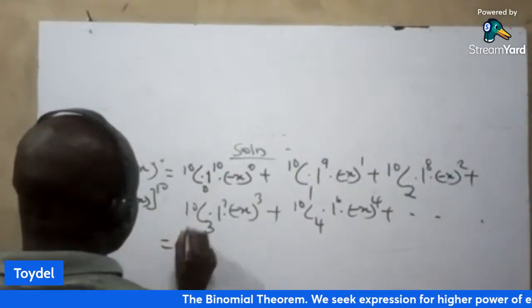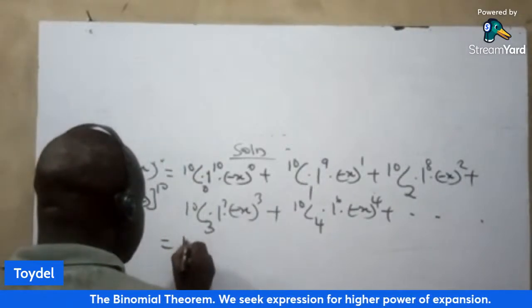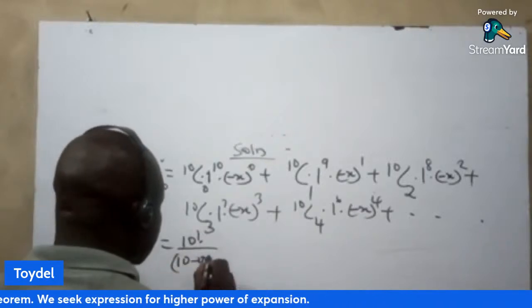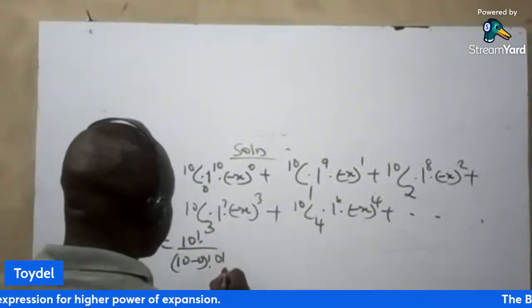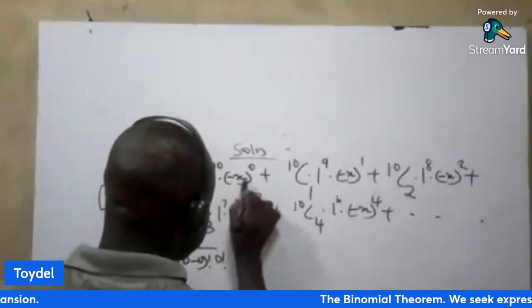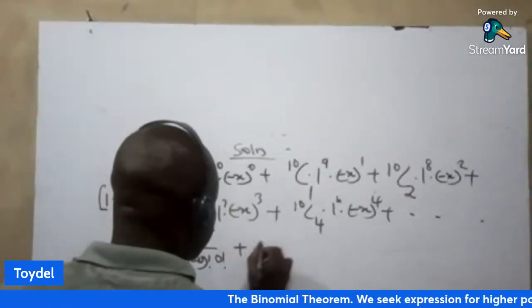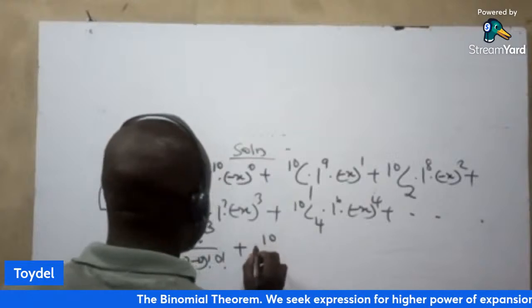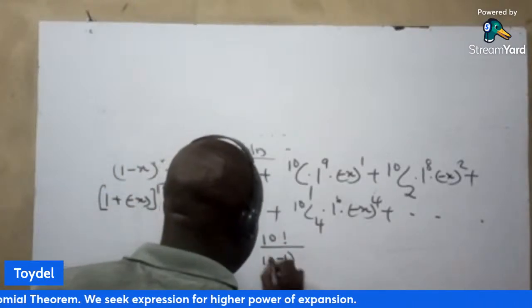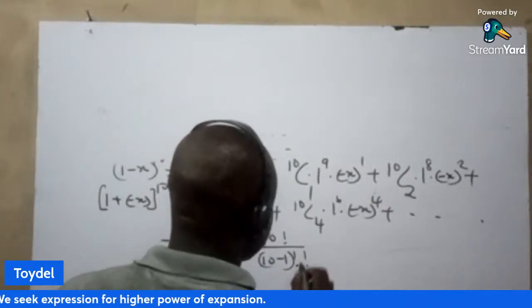So in this case, what is 10 combination 0? 10 combination 0 will be 10 factorial over (10 minus 0) factorial, 0 factorial. 10 minus 0 factorial is 10 factorial. Then 1 raised to any power is 1, and anything raised to power 0 is 1. That's what you are going to have there, plus 10 factorial over (10 minus 1) factorial, 1 factorial.